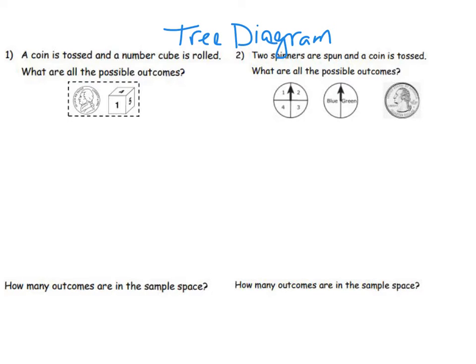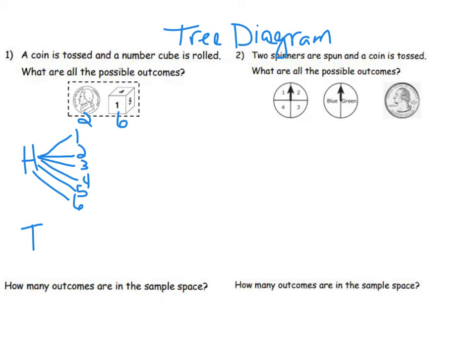So I know that the coin has 2 outcomes and the cube has 6 outcomes. So I'm going to start with the outcomes of a coin. So you have heads and you have tails, right? Okay, now that we have that, we're going to go ahead and combine them with the outcomes of the cube. So I know the cube has 1, 2, 3, 4, 5, and 6.